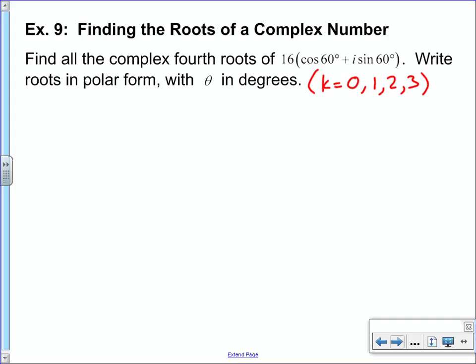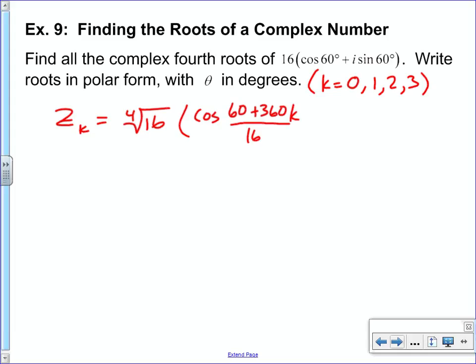So in general, zk is equal to the fourth root of 16 times the cosine of 60 plus 360k divided by 4, plus i sine 60 plus 360k divided by 4. I should put the k there, because we have to apply k of 0, 1, 2, and 3.